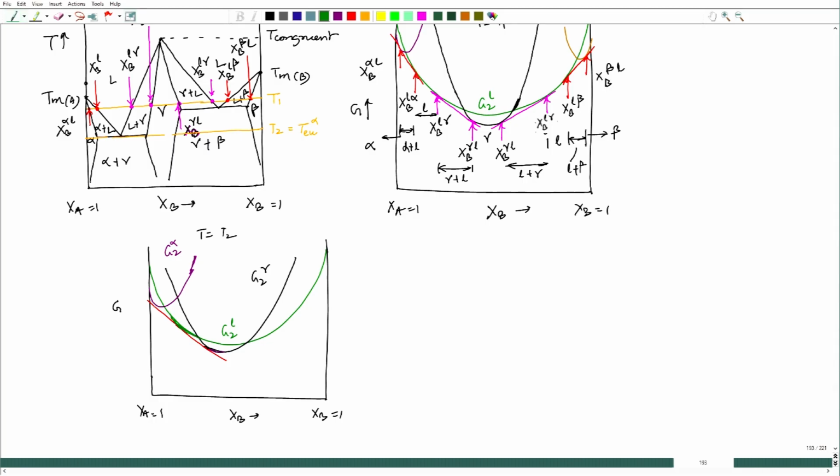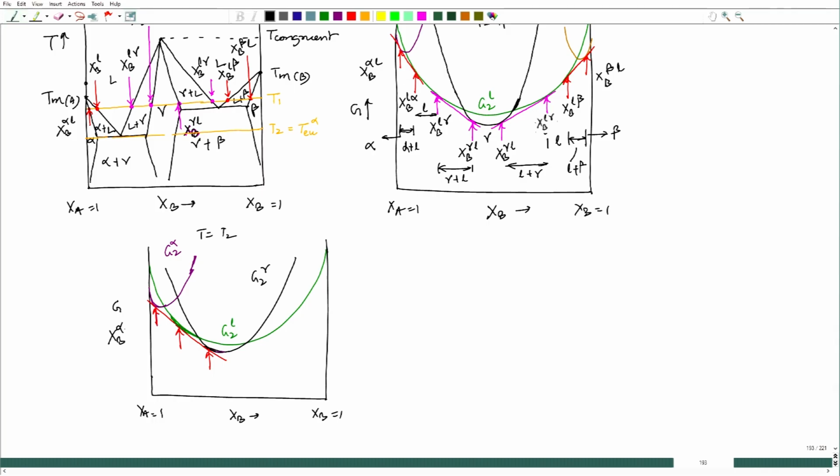So, these are the points where I am getting that common tangent.